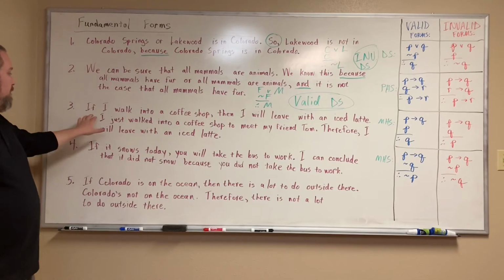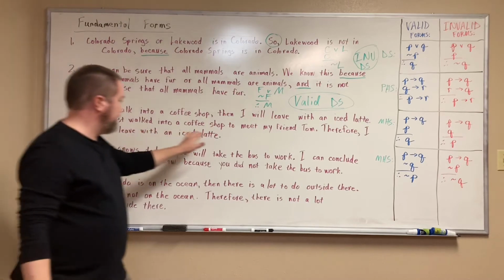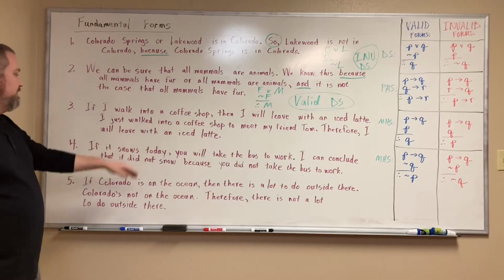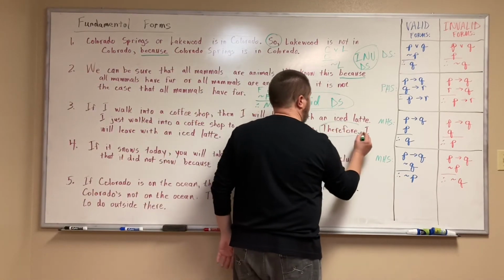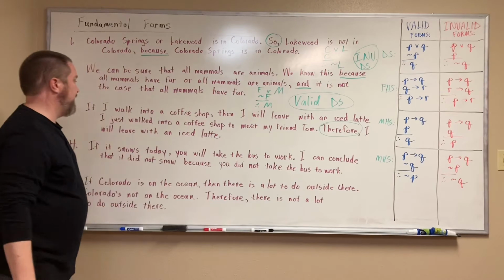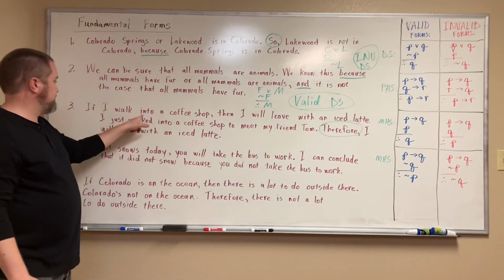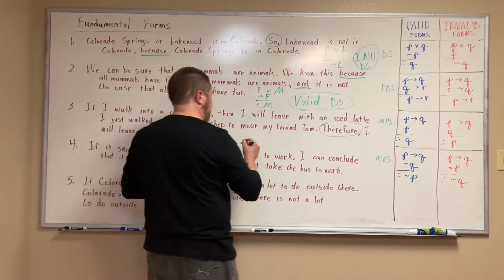Number 3, if I walk into a coffee shop, then I will leave with an iced latte. I just walked into a coffee shop to meet my friend Tom. Therefore, I will leave with an iced latte. Right off the bat, therefore, is a conclusion indicator. So the first premise, if I walk into a coffee shop, then I will leave with an iced latte.